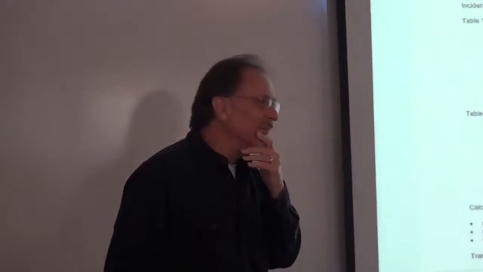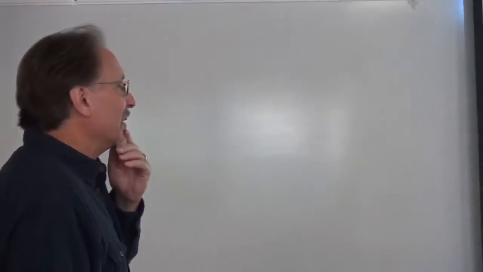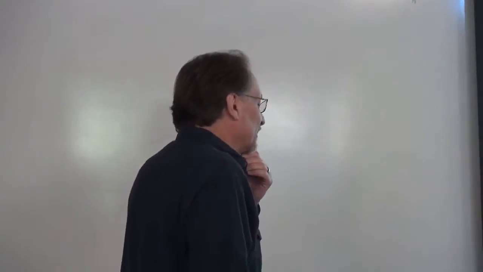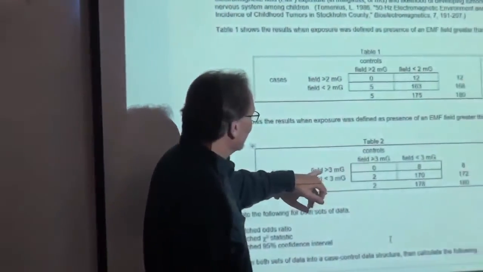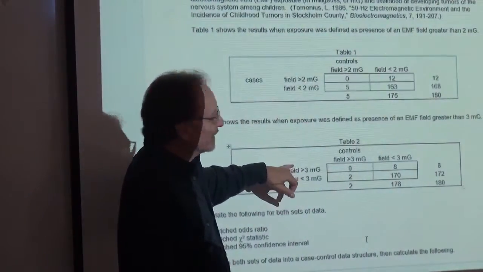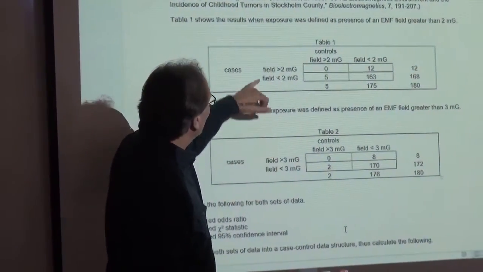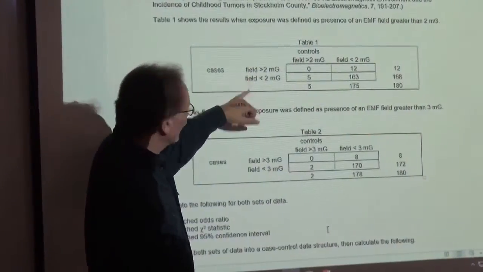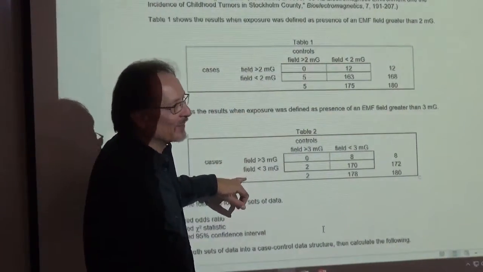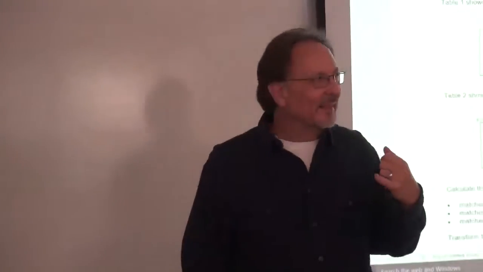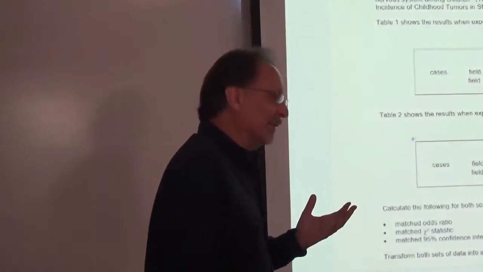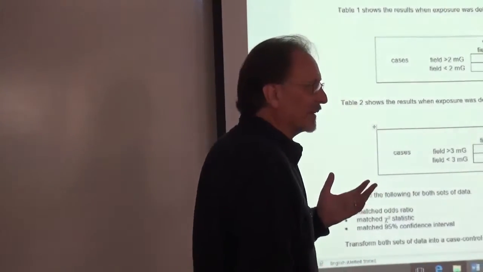Just so you know, doing a case control analysis like this, you get better results if, instead of these dichotomous categories, here above and below 2 milligauss, here above and below 3 milligauss, you just measured the exposure and then kept it as a continuous variable in a regression of some kind.